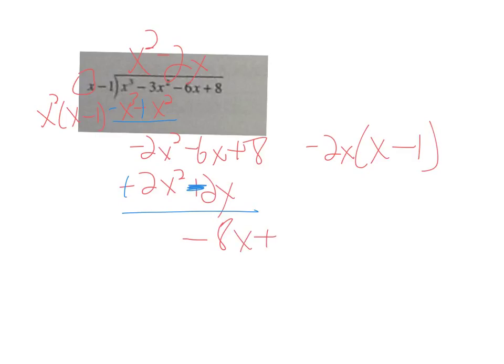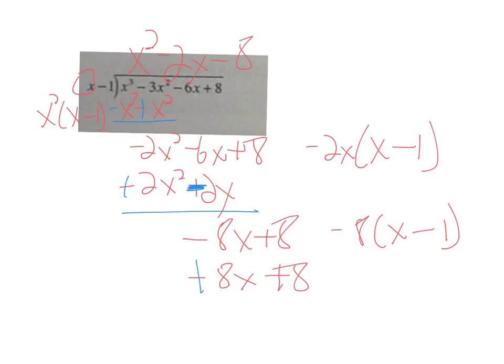8x plus 8. And then I ask myself, what times x is negative 8x? Well, that'll be negative 8. I multiply that times x minus 1, which gives me negative 8x plus 8, and then again change the sign, and that gives me 0.